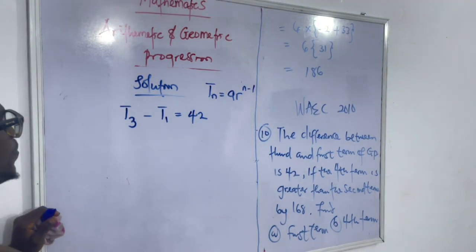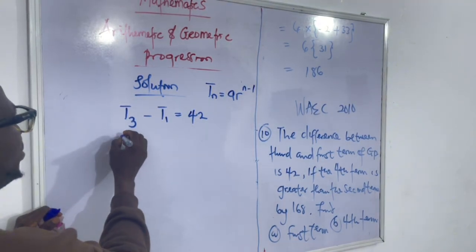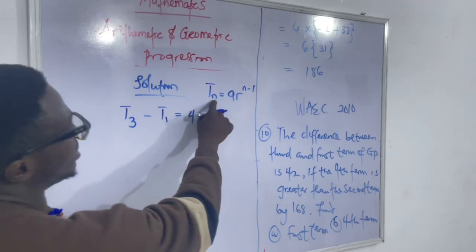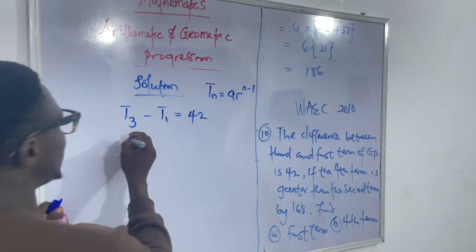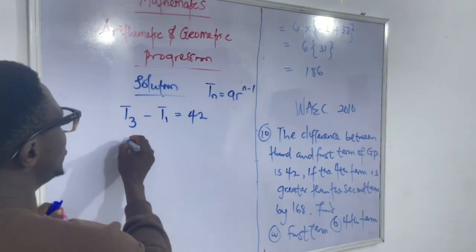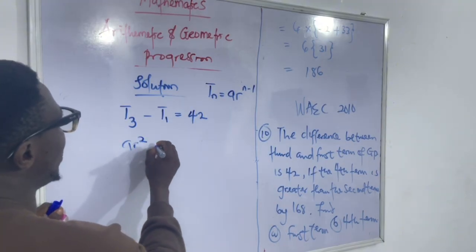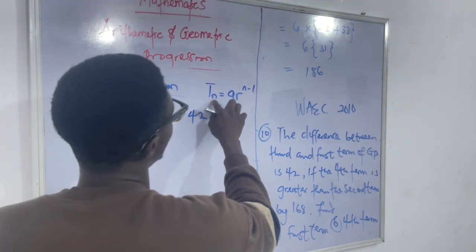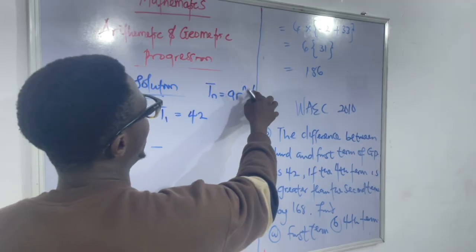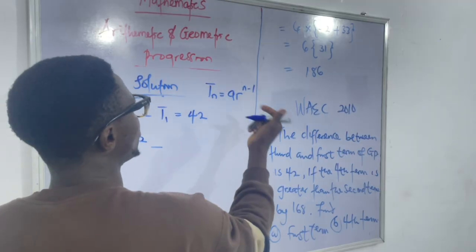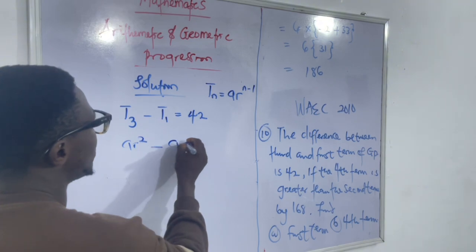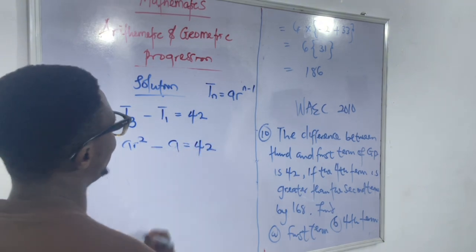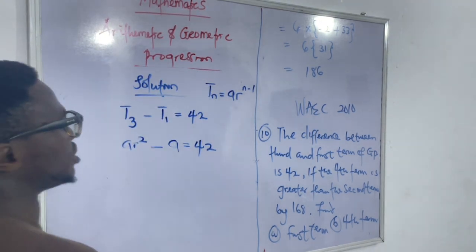Are we together? So T3 will be ar to the power 3 minus 1, so 3 minus 1 is 2. That's ar squared, minus T1. 1 minus 1 is 0, and r raised to power 0 is 1. So T1 will be a, equals 42.